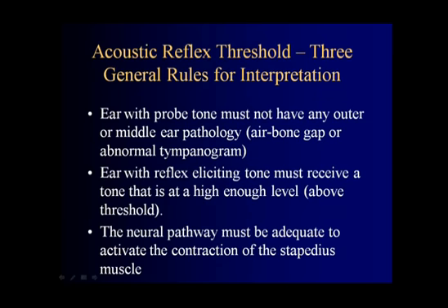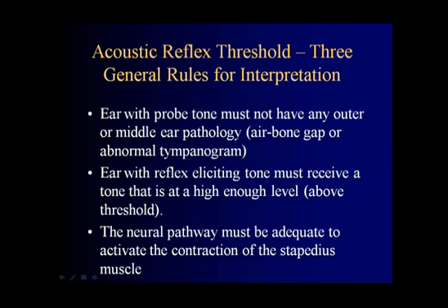Some general rules for interpretation. The ear with the probe tone must not have any outer or middle ear pathology. If there's a big wax plug in the ear canal, we cannot measure the acoustic reflex threshold. If there's a bunch of fluid in the middle ear, most likely we're not going to measure the acoustic reflex threshold at all. Okay? And then the ear with the reflex eliciting tone must receive a tone at a high enough level, meaning above the threshold.